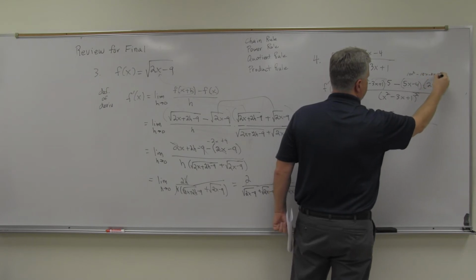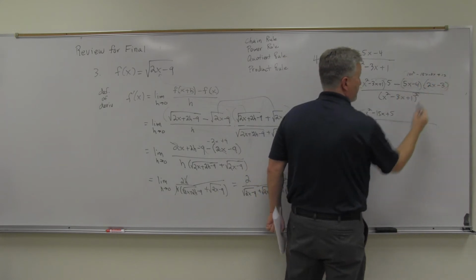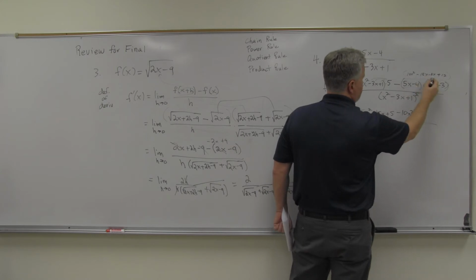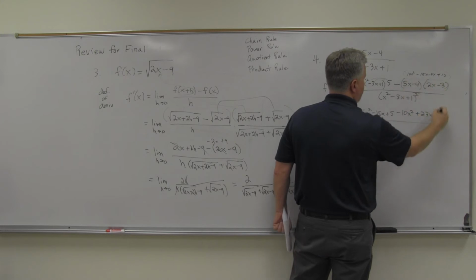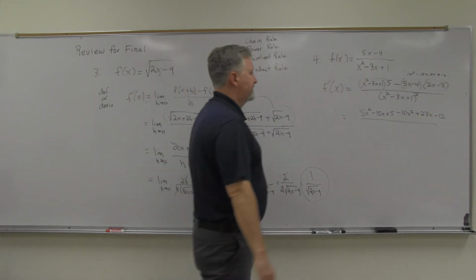minus 8x plus 12. But there's a minus in front of all those, so it'll be minus 10x squared, minus 23x, it'd be plus 23x, and then minus 12. You could do it in 2 steps there if you want.